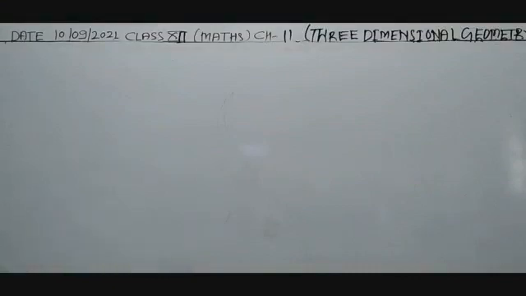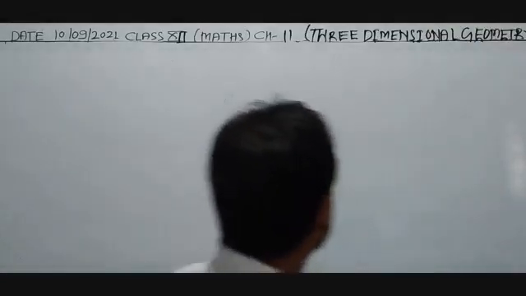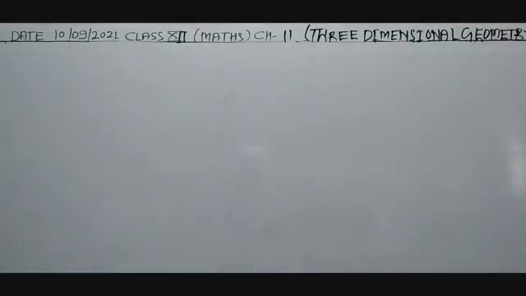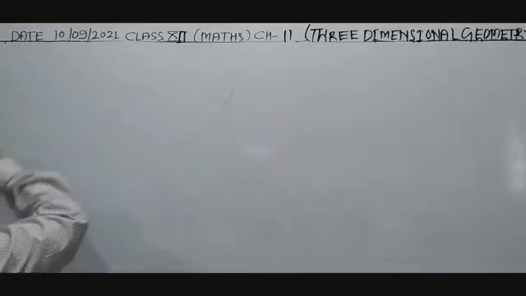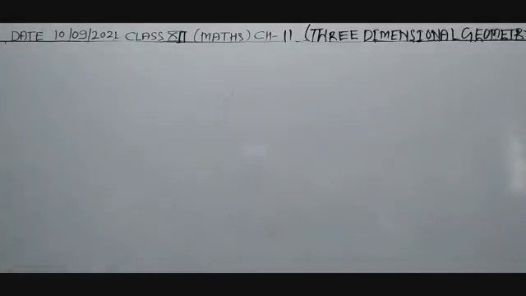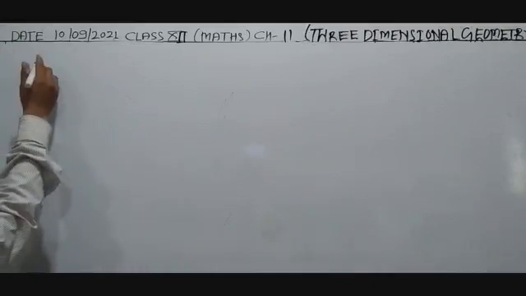The topic is three-dimensional space. Before starting the topic of direction cosines and the new topic of three-dimensional geometry, I will come to some topics you have already discussed in class 11th, that is 3D space.